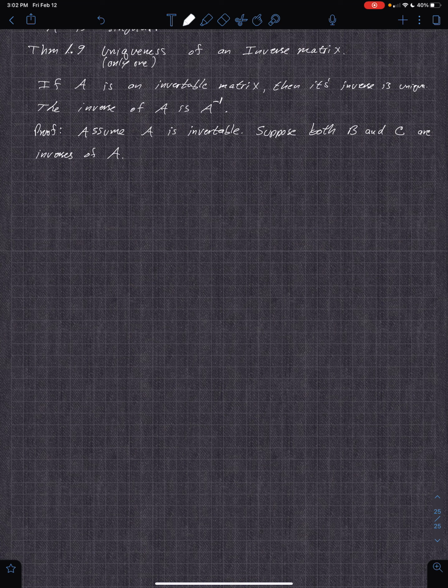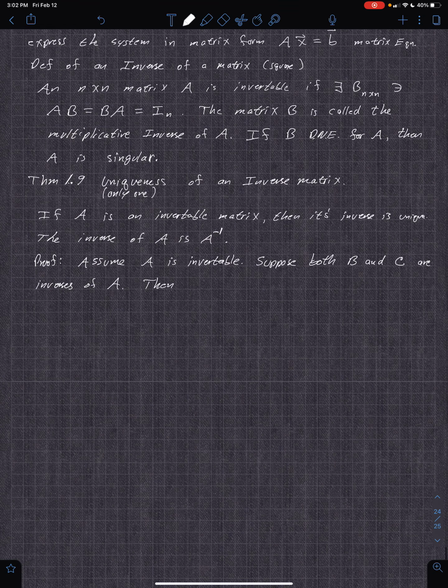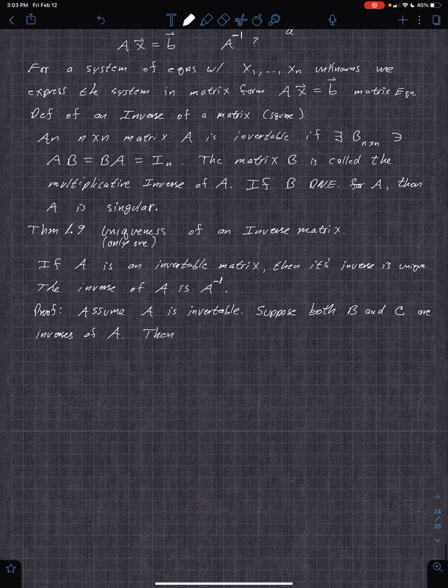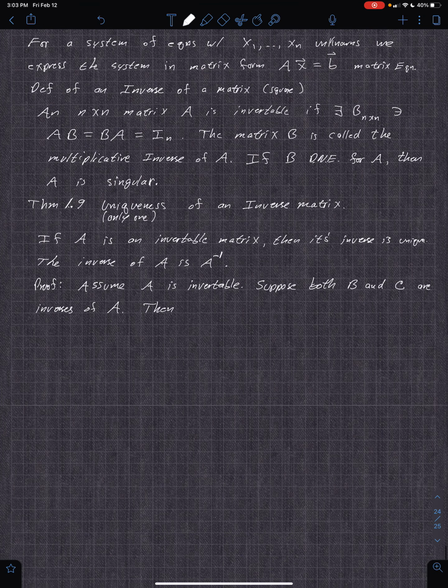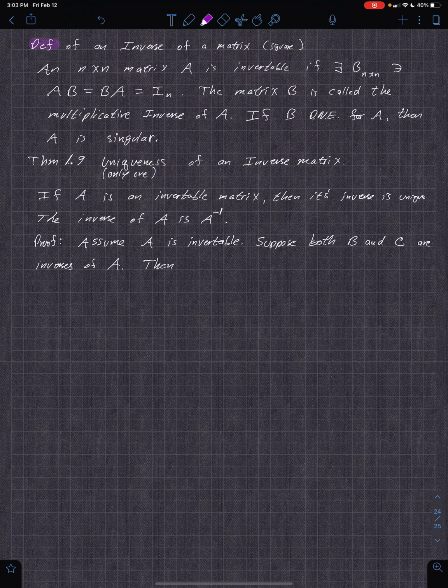All right, so then we apply the properties of inverses, the definition. Once you make the assumption that they are inverses, then we get all of this. I like to highlight some of this stuff, because it comes up later. So here's the definition of an inverse matrix.